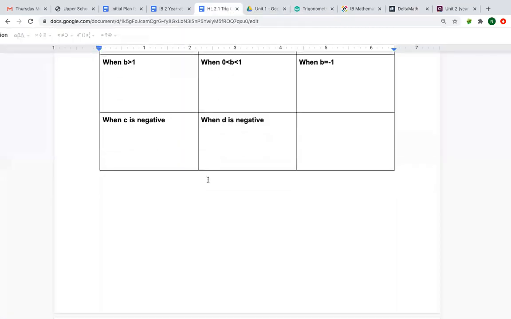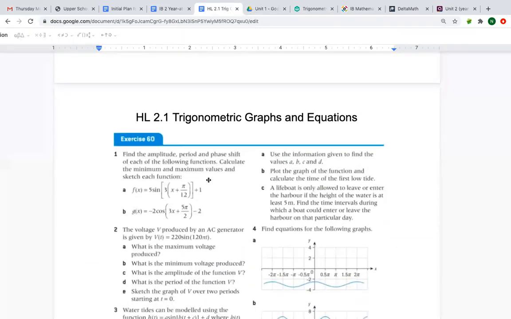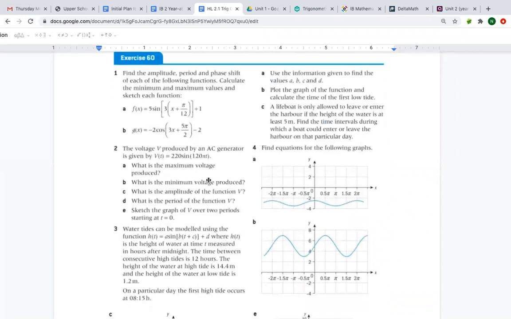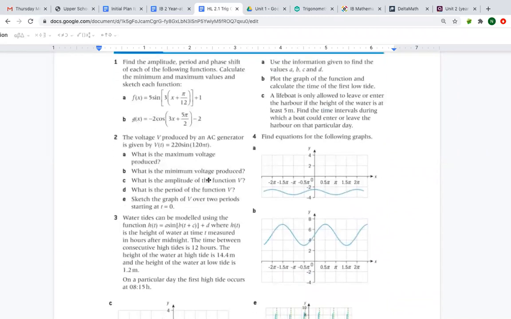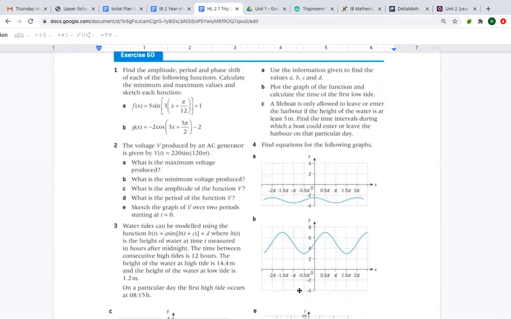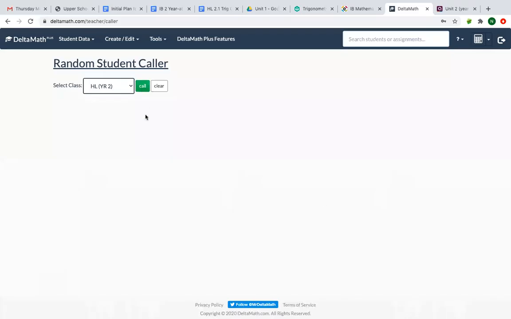But now, as far as the IB questions, we're going to do what we did last time. I'm going to assign different problems to each person. So I will do that now. Question 1, let's see who gets it. Question 1 is going to be Liz. Question 2 is going to be Sonia.